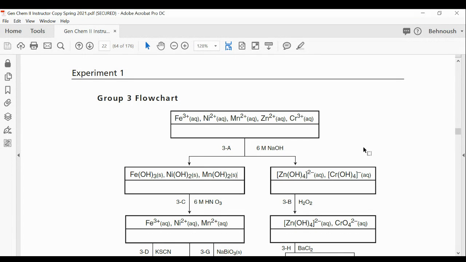Yeah, the logic is weird, because it says you add KSCN and then you're expecting an outcome, right? The outcome that we are looking for there is a bloody red color, for iron.